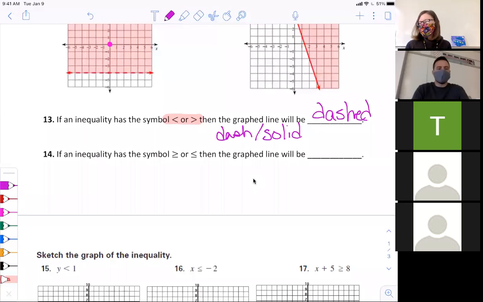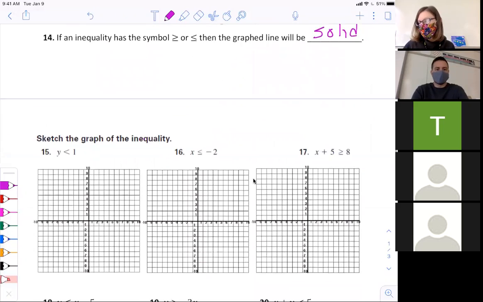That's okay, no problem. And then 14, if an inequality has a greater than or equal to, or a less than or equal to, the graph then will be solid. So that first page there is a lot of just kind of understanding the concept.